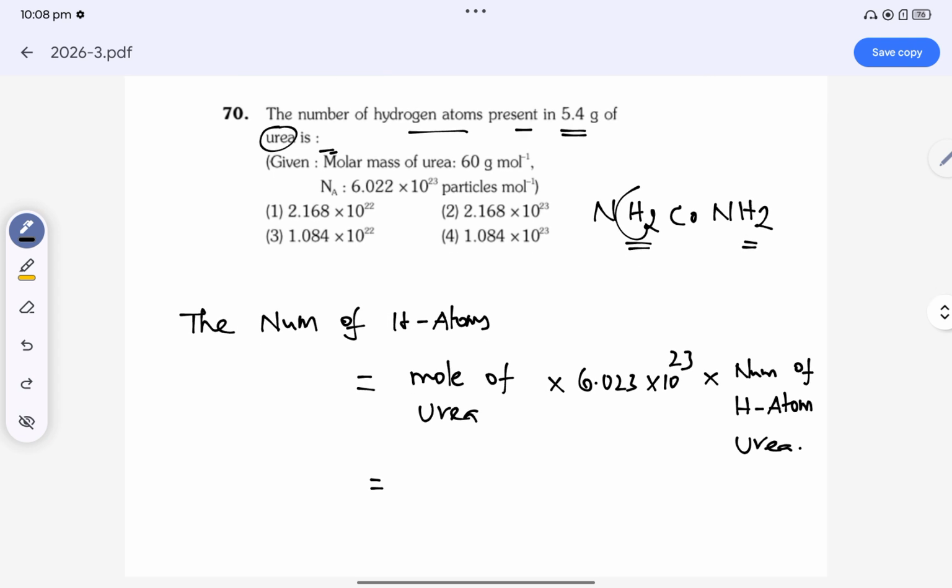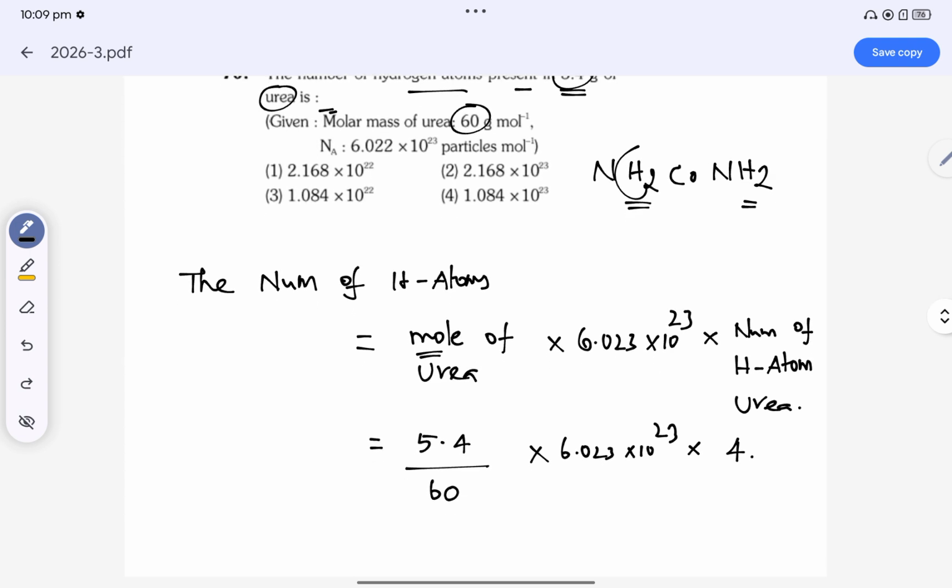Moles of urea is weight. How much weight is given? 5.4 gram. 5.4 divided by the molar mass of urea, which is 60. This is the definition of mole: given mass by molar mass. Molar mass of urea is 60, into 6.023 into 10 to the power 23, into 4 hydrogen atoms.